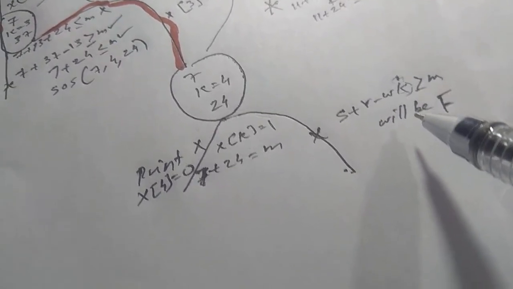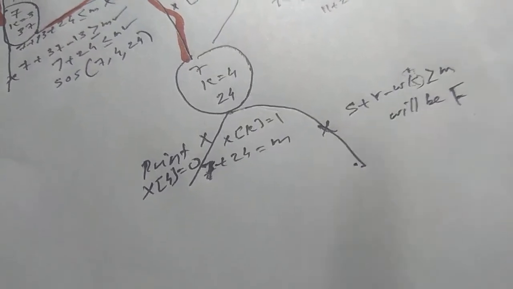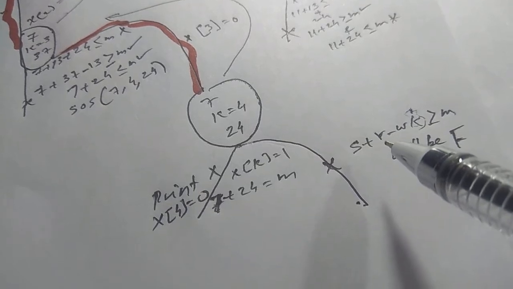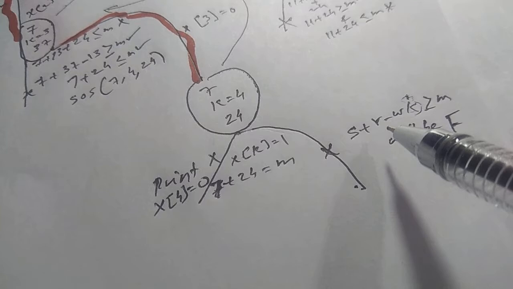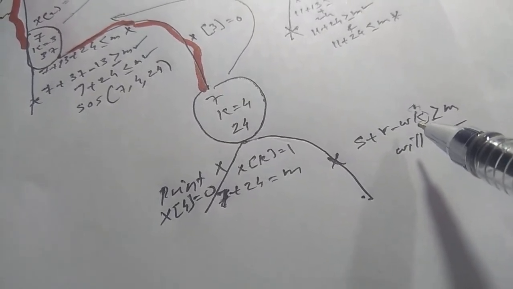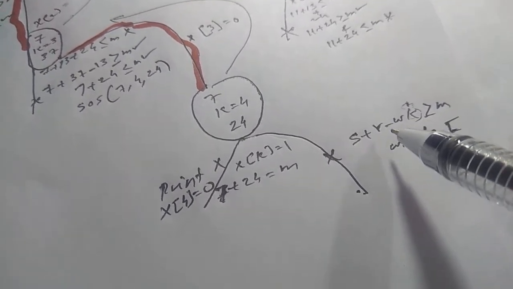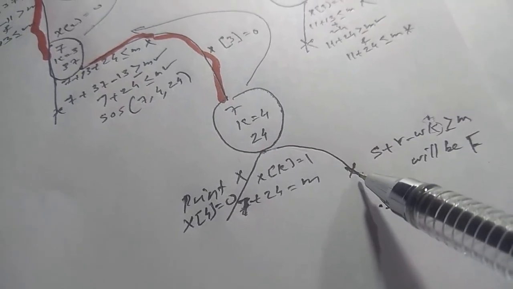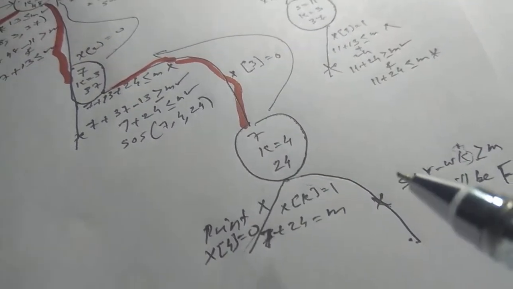This will be false. Sum is 7 plus the remaining sum, 24 minus wk, that is 24 again. So it will not be greater than m. So this is blocked. Beyond this, it won't descend.